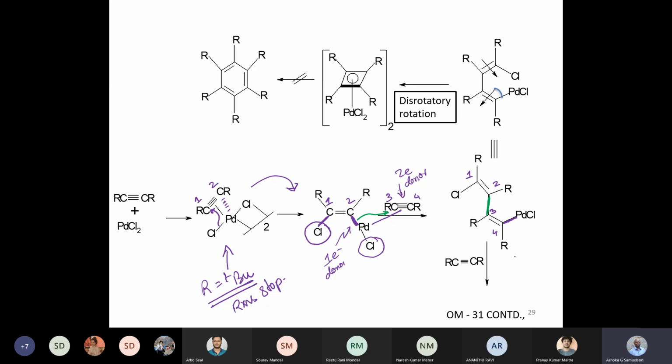I can do a rotation of this carbon-carbon single bond. If I do this rotation, then I would end up with this species. The moment I form this species, which I'm going to circle in red, notice how the palladium and the second chlorine have become close to each other.